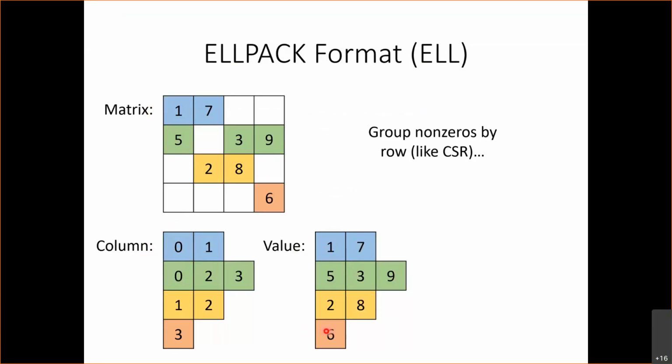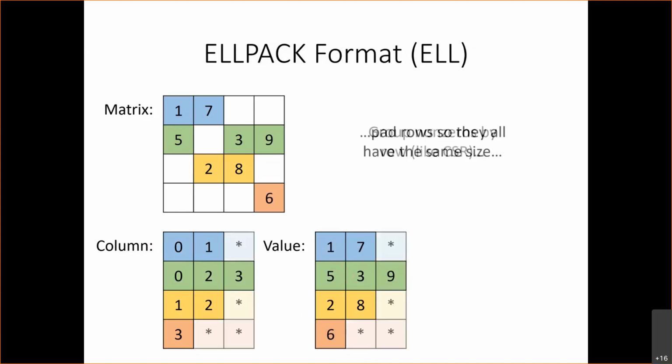However, we're not just going to put them all in an array like this. What we will do is we're going to pad each row so that the rows all have the same size. What I mean by pad is that we're going to have in memory these elements that are not really useful.